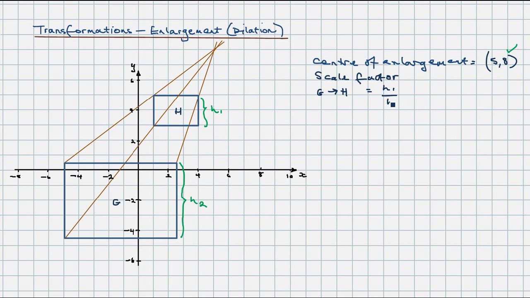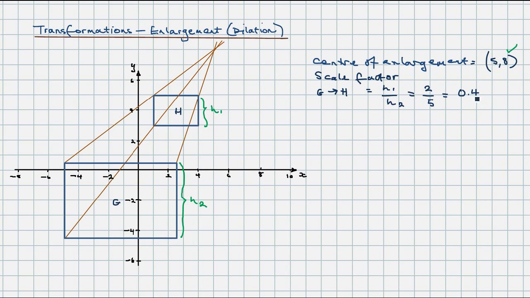That will give us our fraction. And H1 is 2 squares high, so 2 over H2, which is 5 squares high. And if we like, we can convert that to a decimal, 0.4. So we've got our centre of enlargement and we've found our scale factor.